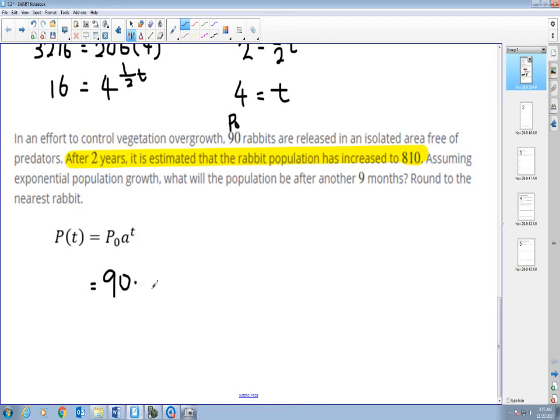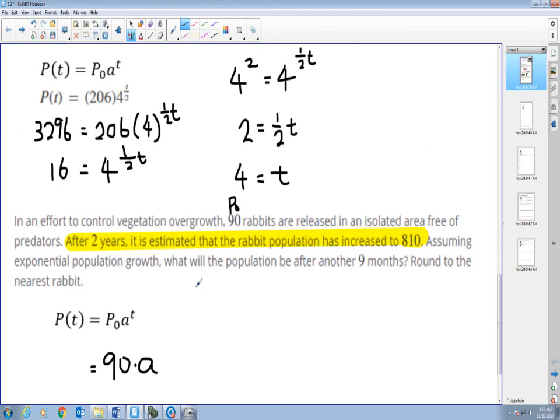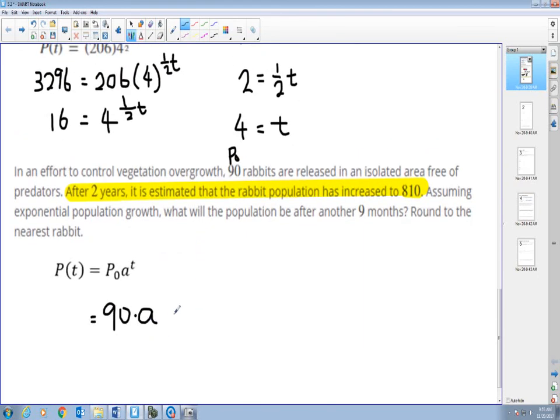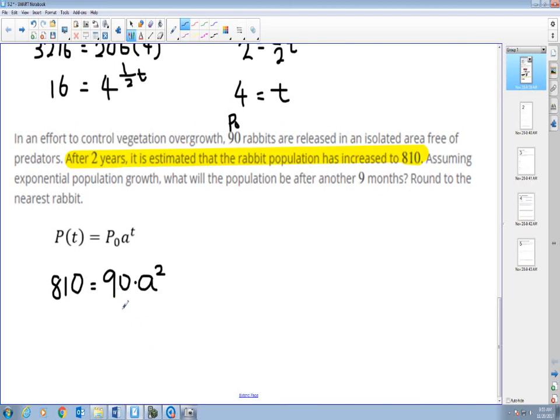times my exponential population growth rate to the second power, because after 2 years my population reached 810. So basically in this problem, I'm looking for my growth rate. That's the only variable missing. Again, divide both sides by 90 to isolate a to the second power.